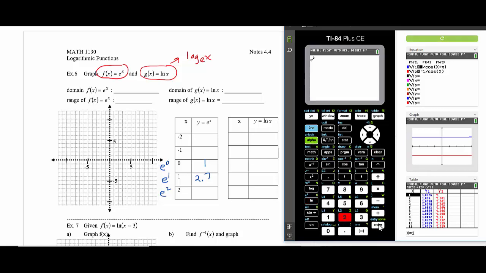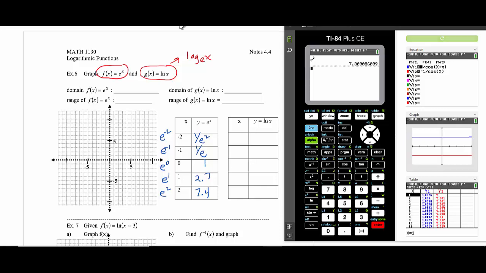So e to the second is approximately 7.4, I think. So I'm just going to use about 7.4 there, okay? If you did e to the negative 1, that would be 1 over e to the first. If you did e to the negative 2, that would be 1 over e to the second, okay?